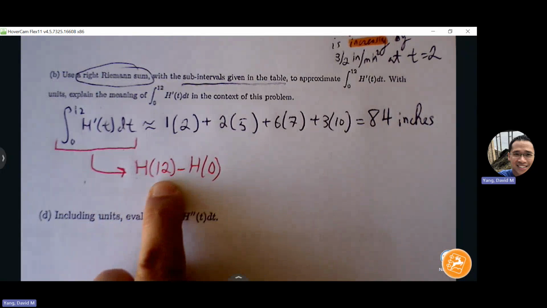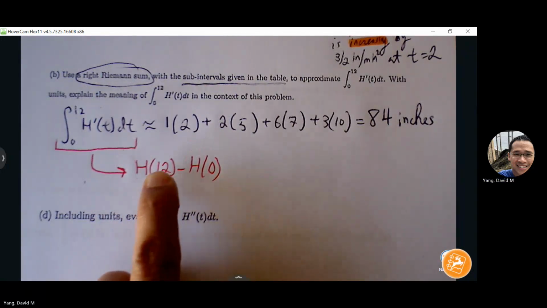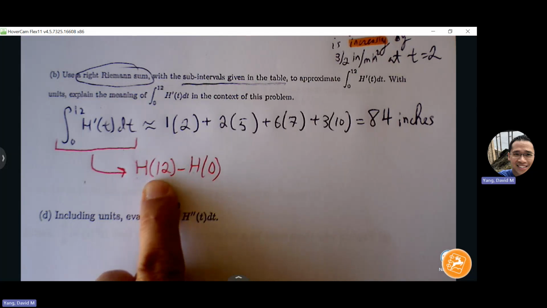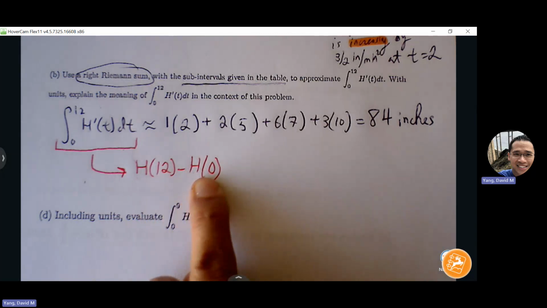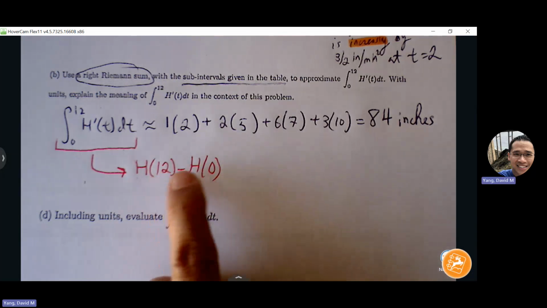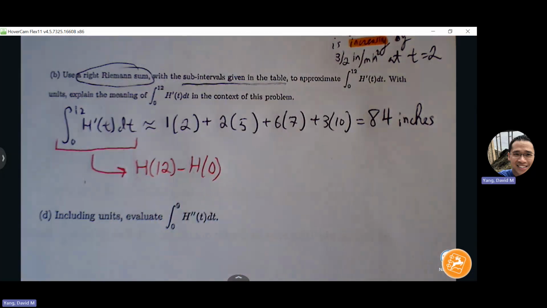H of 12, what does h of 12 mean on its own? Yeah, the height of the sand pile at 12 minutes, and then h of 0 is at 0 minutes. And if I subtract those two, what information does that give us?